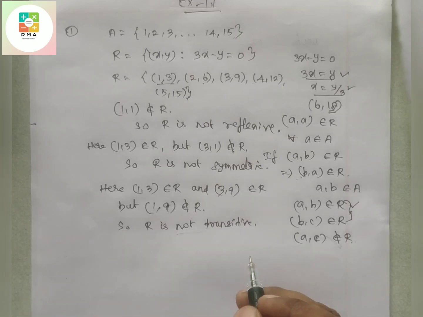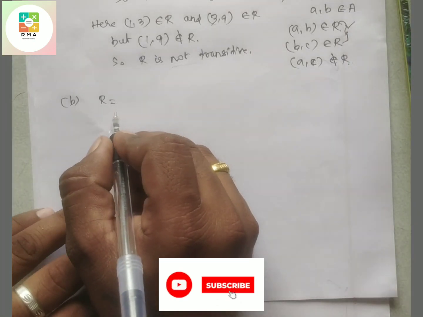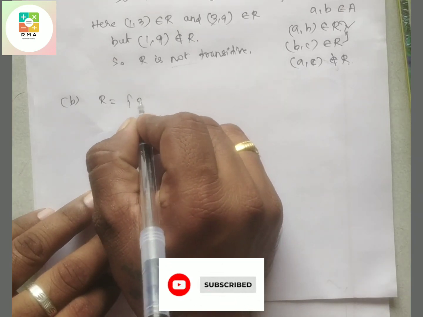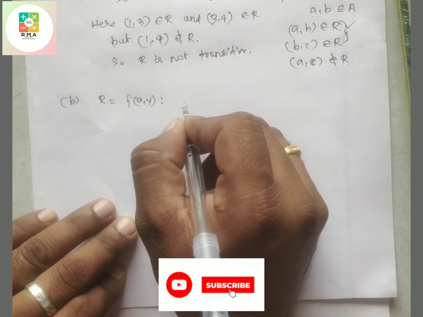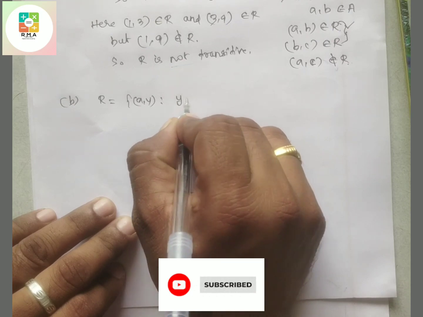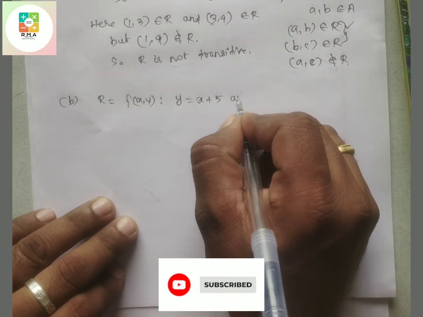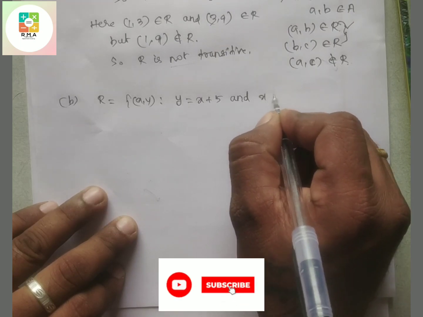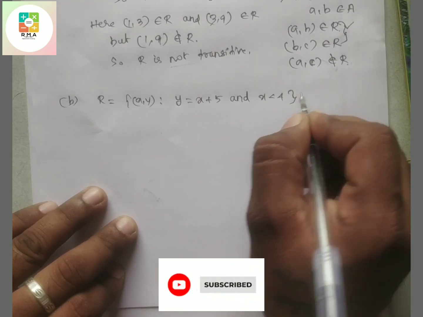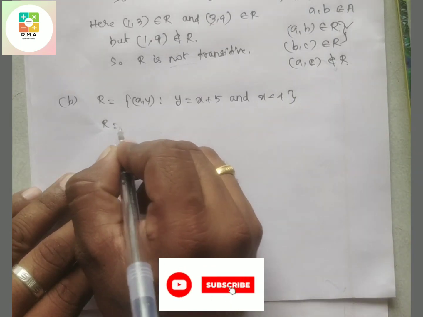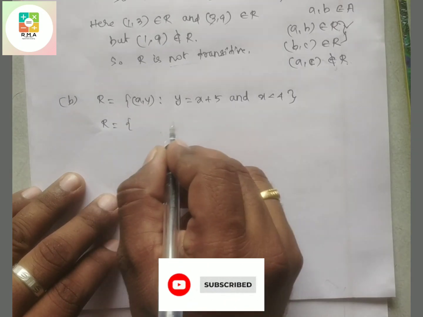Clear? Next problem. R equals the ordered pairs (x, y) such that the relation between x and y is y equals x plus 5, and the value of x must be less than 4. So we will try to find which ordered pairs satisfy this equation.